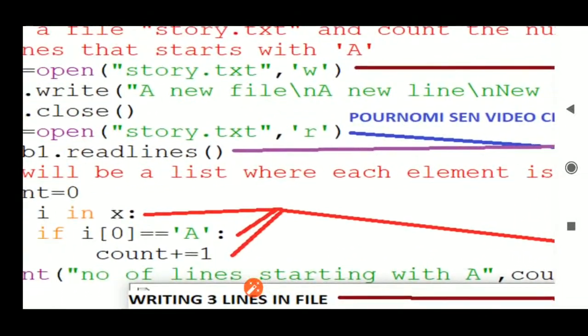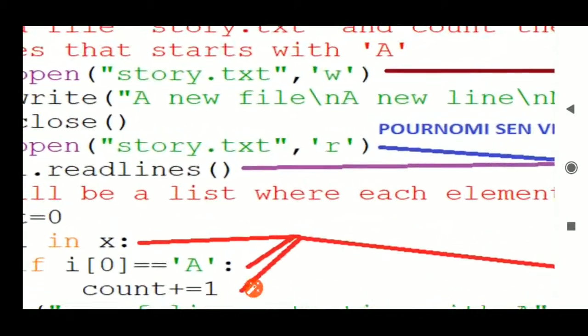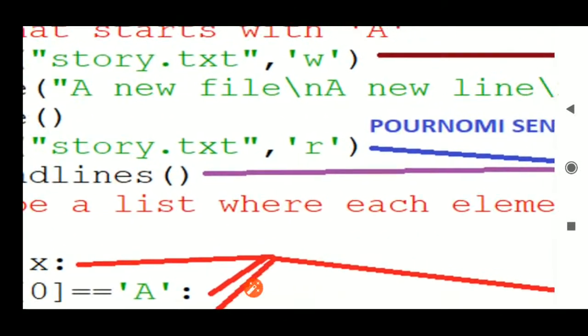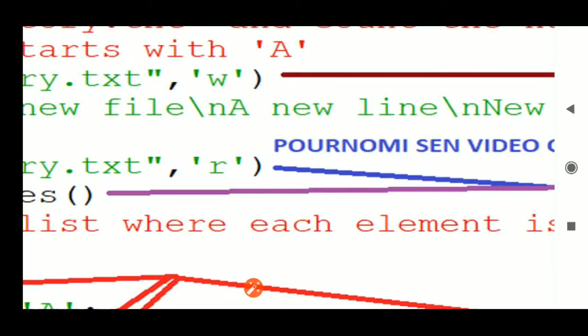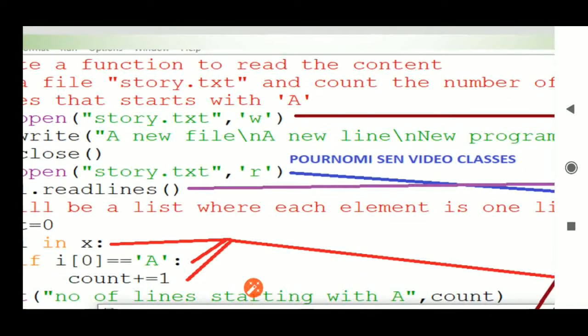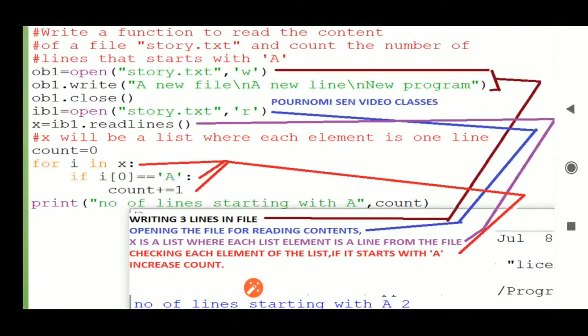The first element, x[0], is the first line, a new file. The second element, x[1], is the second line, a new line, and the third element is a new program. So x is a list where each element is 1 line of the file.